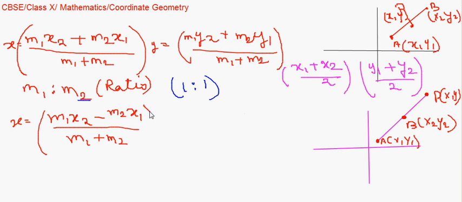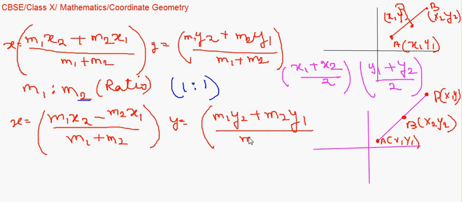On the other hand, the y coordinate is m1 y2 plus m2 y1 by m1 plus m2. Oh, sorry, I made a mistake here. It should be a minus when it is externally dividing. This is the formula for the section.